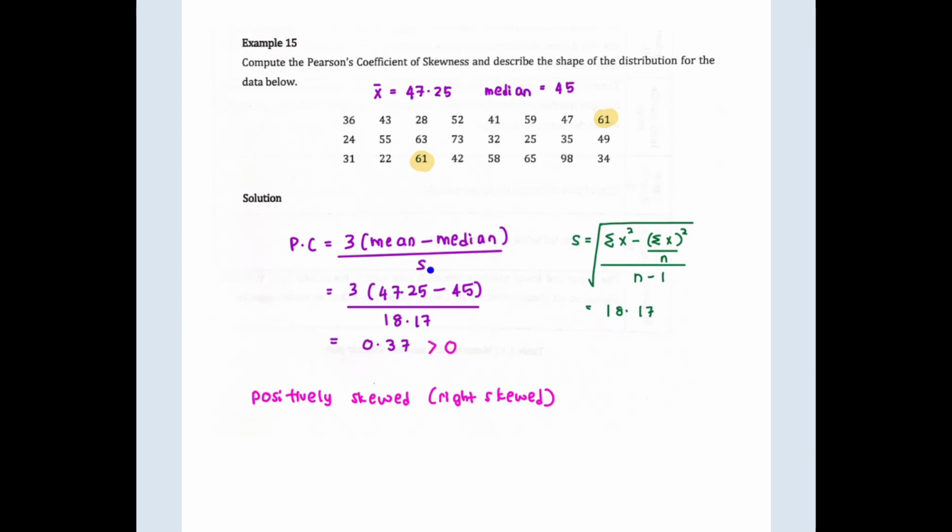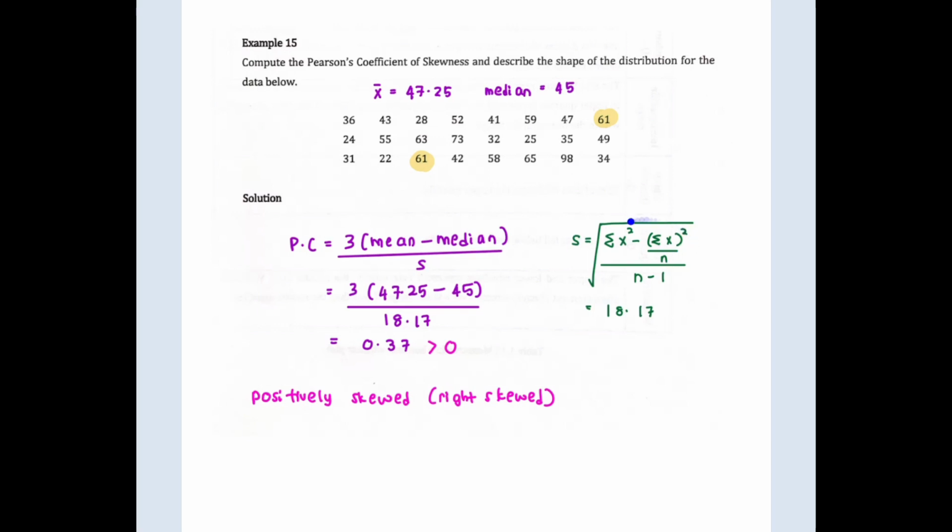And then the standard deviation, how do you find the standard deviation from this ungrouped data? If you can recall the formula from the previous subtopic, this is the formula for ungrouped data: the square root of summation of x square minus summation of x in the bracket square over n, over n minus 1.